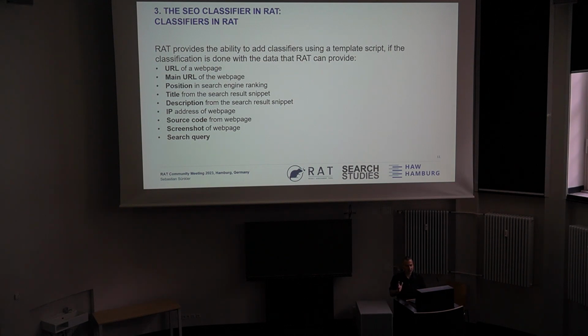And I can imagine that if you do some content-based classification, the source code will maybe be the most important here. So if you have any idea for a classifier and you say, okay, this data is very good to apply this classification, just contact us and we will find a way to build a classifier in RED.